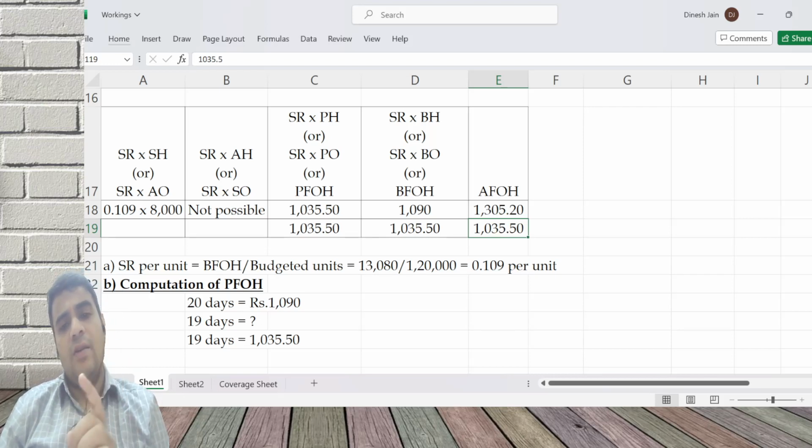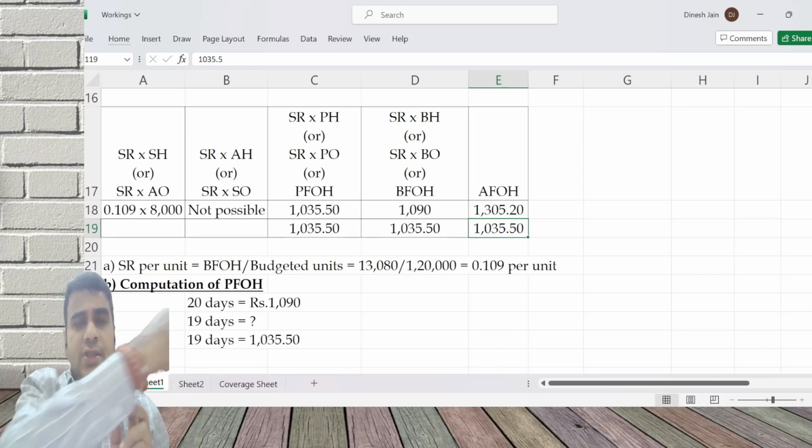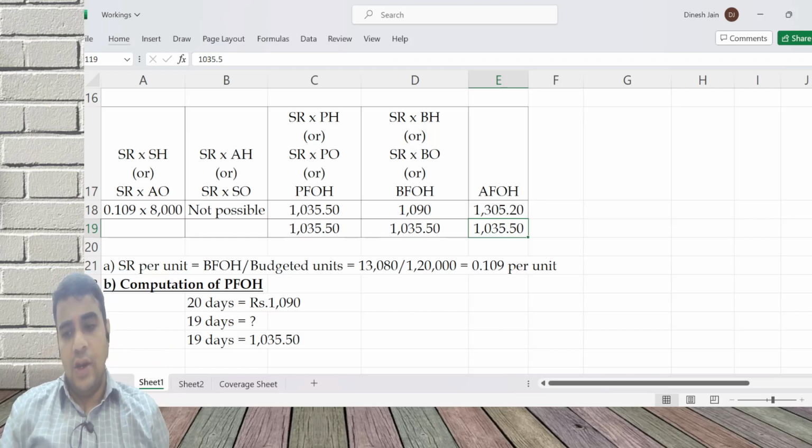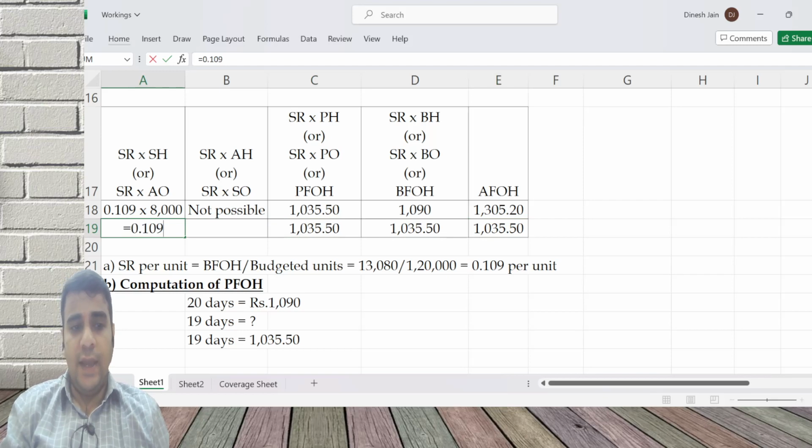Finally, overhead cost variance is fixed overhead cost variance plus variable overhead cost variance. Just calculate what is asked in the question. A few variances like FOH efficiency and FOH capacity you cannot calculate. That is why they have not asked for all variances.